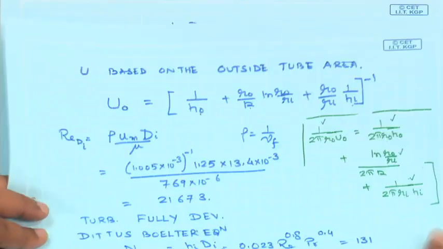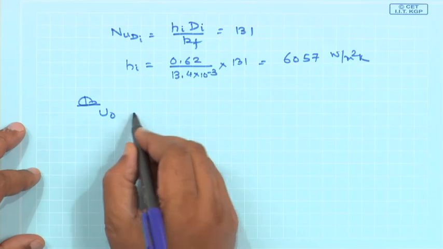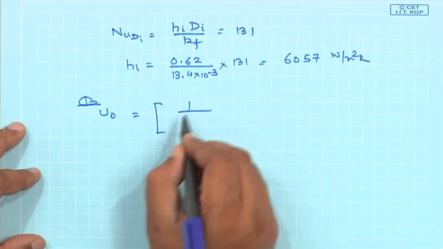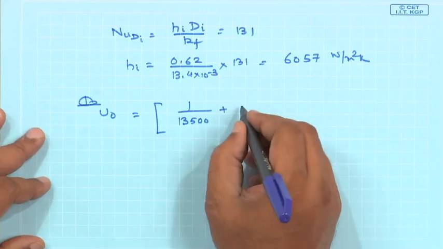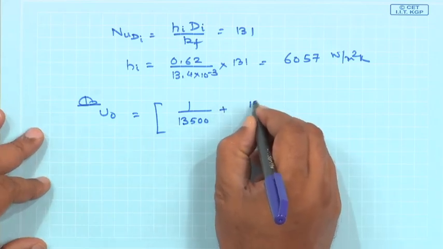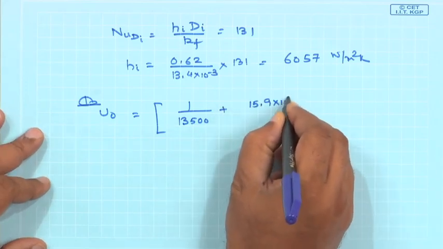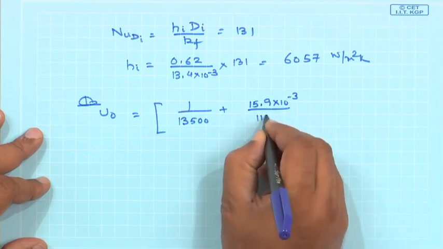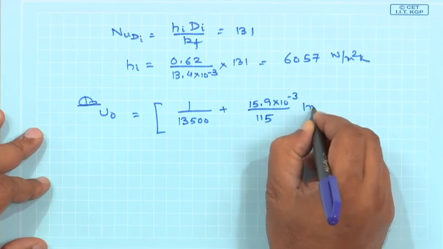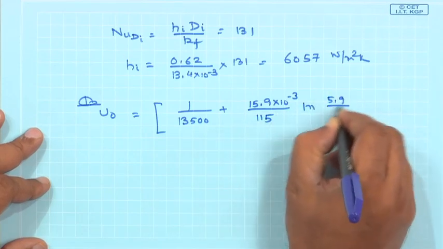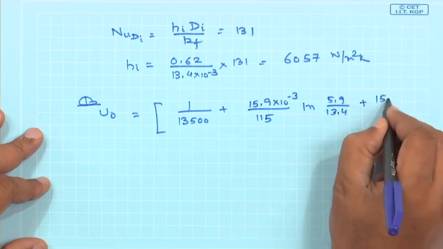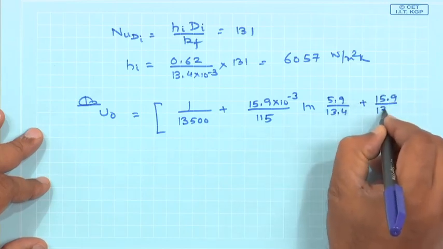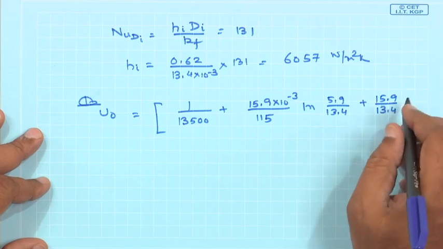So, U naught can simply be calculated as 1 by h_i, which is 13,500, plus 15.9 into 10 to the power minus 3 by k, which is 115, and ln of 5.9 by 13.4, plus, just putting in the values, nothing else.